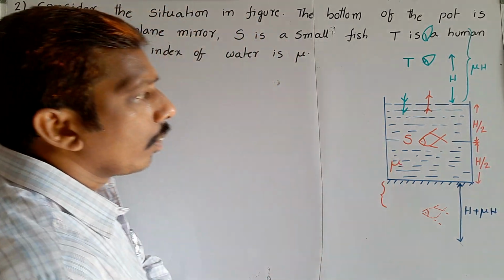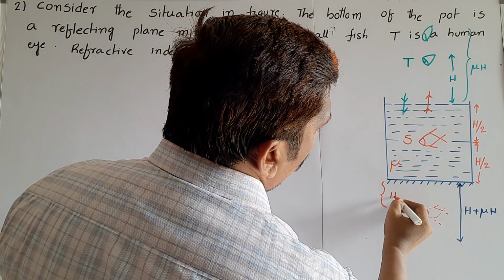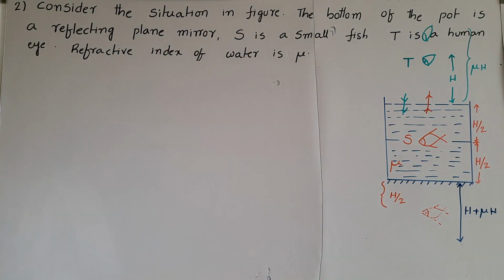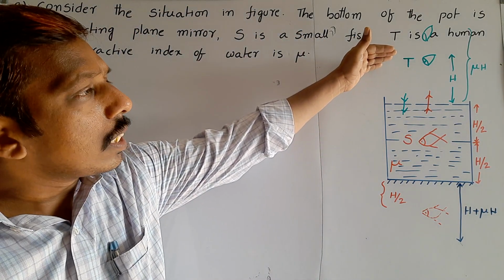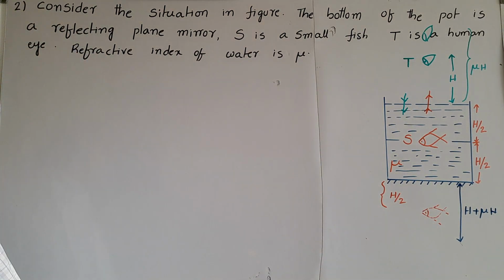From the mirror, the fish is at a distance of h by 2, so its image is also formed at h by 2 only. But now we have to calculate the distance between the eye and the reflected image of the fish. Actually here we take the image of the fish from the water surface, the air water interface.